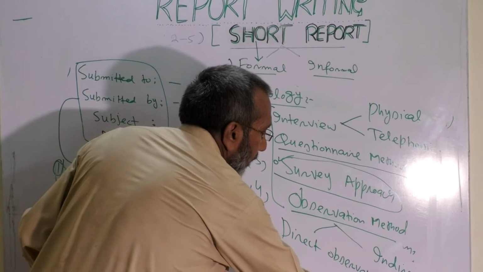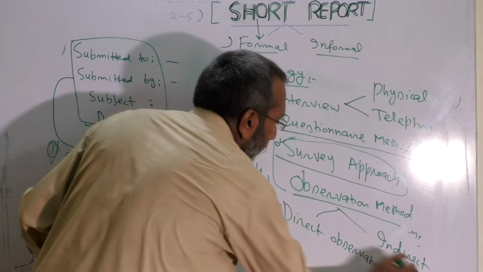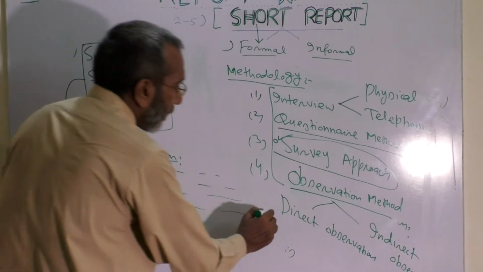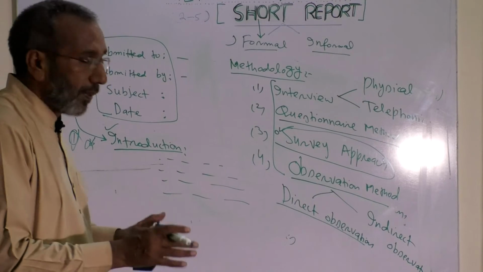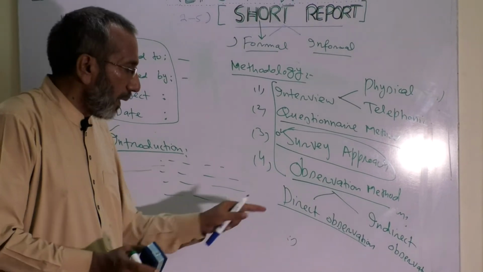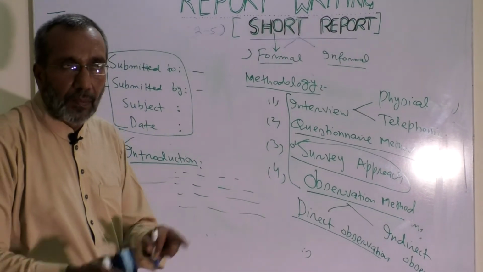So what is the difference between these two? Direct observation basically means the person who is working on that report, he or she himself or herself goes to that place to see.